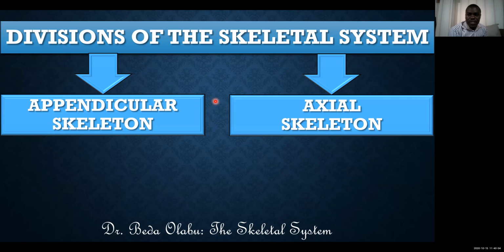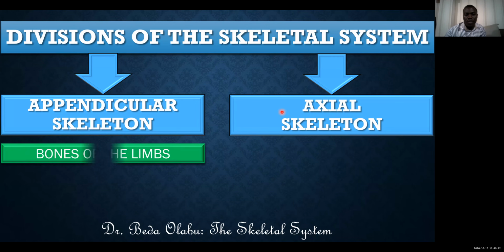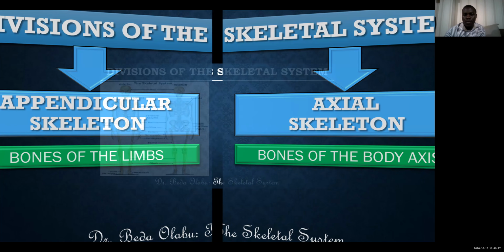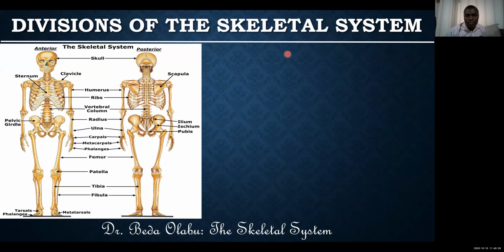We divide the skeletal system into 2, the appendicular skeleton and the axial skeleton. The appendicular skeleton refers to the bones in the limbs. The axial skeleton refers to the bones within the body axis. We'll start with the axial skeleton.